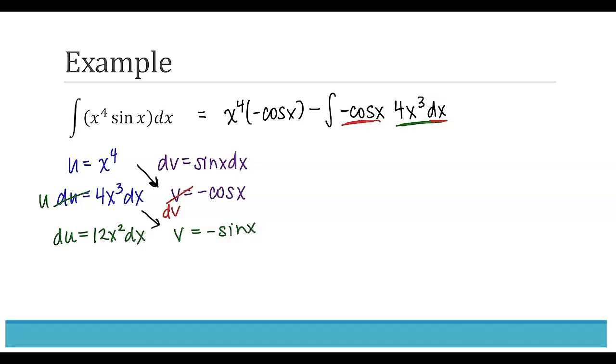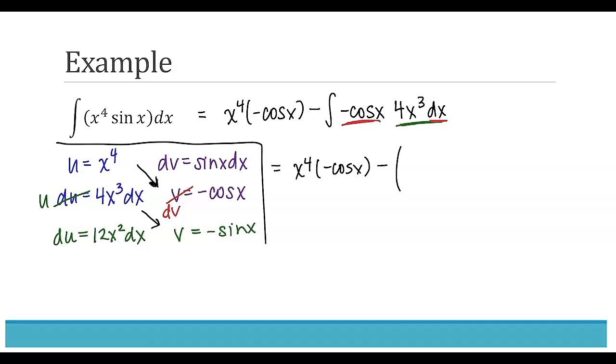I have this x to the 4th negative cosine x, that's still there, minus, in parentheses, u times v, that's 4x cubed times negative sine x, minus the integral, going horizontally here, of v du, so negative sine x times 12x squared dx.